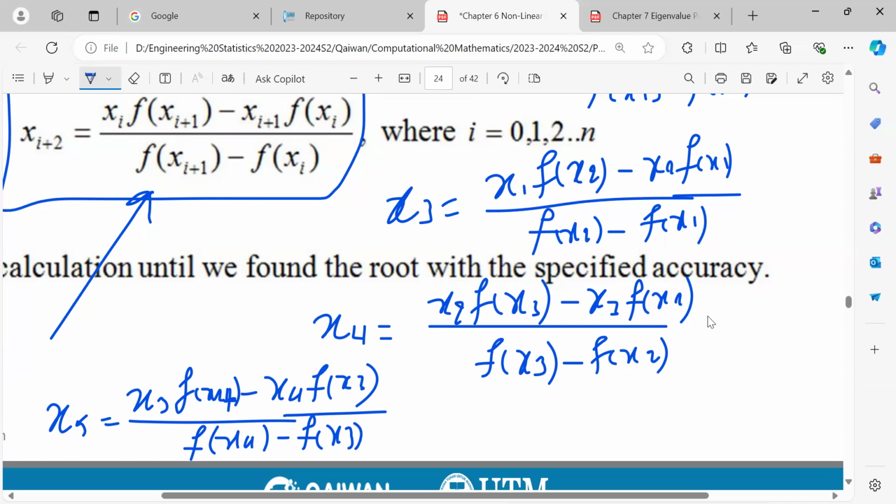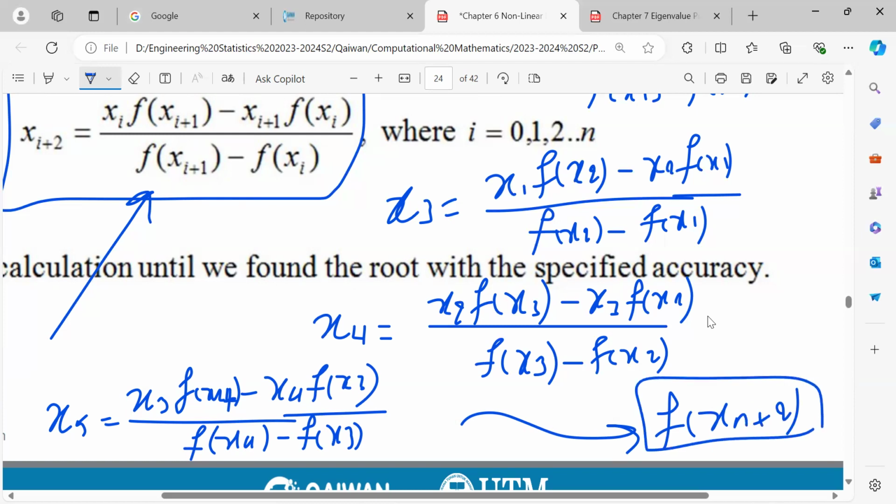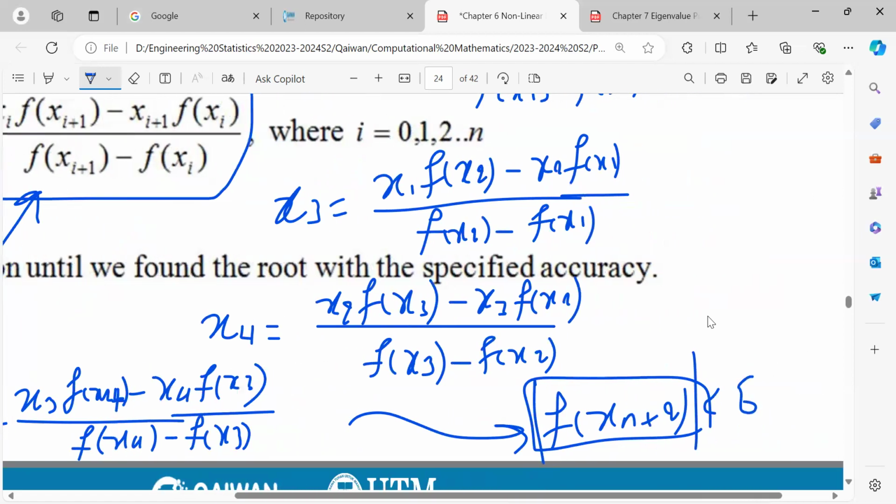We'll continue until the absolute value of f at the last x is less than epsilon. Epsilon is the error, which should be given, or the decimal points may be given.